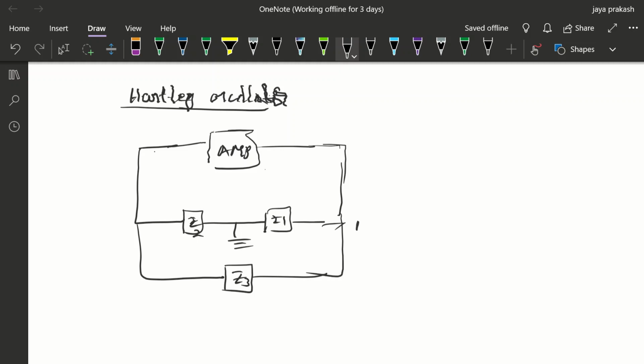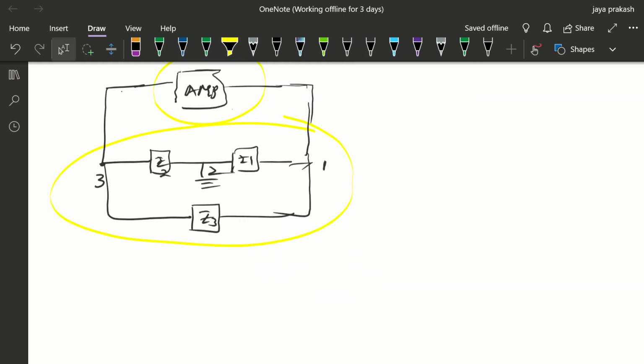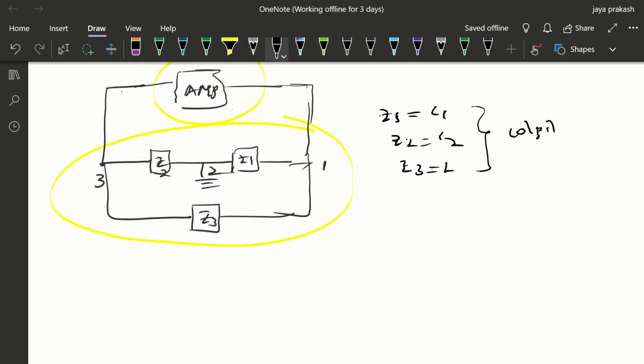And this is terminal 1, 2, terminal 3. This is the amplifier and this is the feedback network. If Z1 is equal to C1, Z2 is equal to C2 and Z3 is equal to L, it is said to be a Colpitts oscillator.